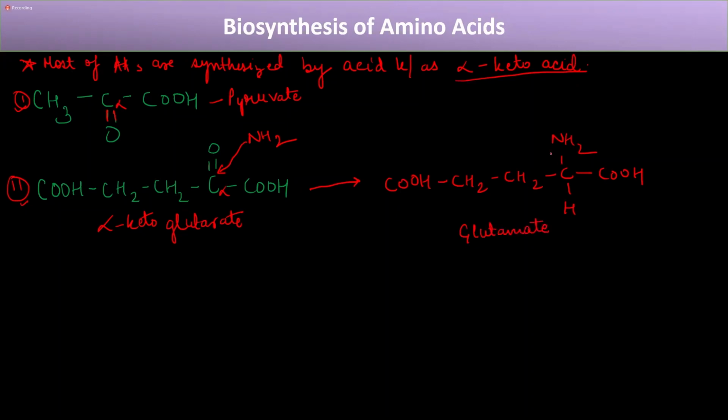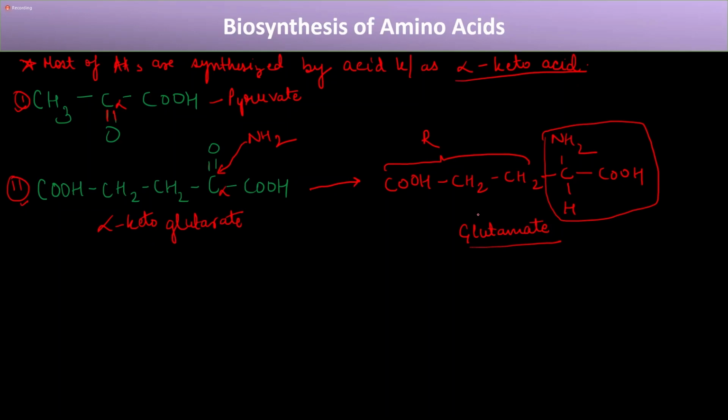It has two C. This is the main structure that is common in all amino acids. Then we have the R group, that has CH2, COOH. And this structure is known as glutamate. So by this example we can see how an amino acid is formed from an alpha keto acid.